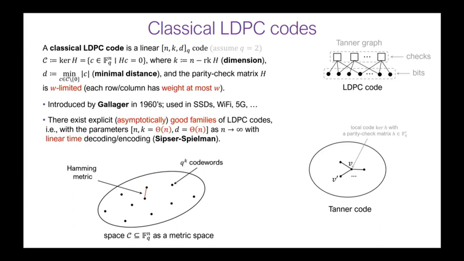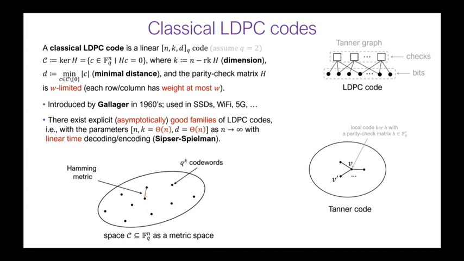The Sipser-Spielman code is just a type of what is called a Tanner code. A Tanner code is a code defined on a graph. We have a graph, and we put bits on edges, and we put our checks on vertices. If our checks are satisfied, then we have a codeword.